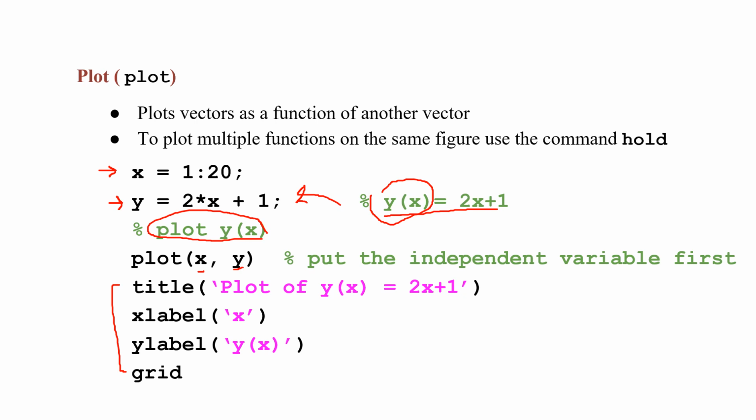So the title of the plot is plot of y of x is equal to 2x plus 1. The y-axis label is y of x. The x label is x. The last command will simply add a grid to the plot window, or it will add grid lines so it will be easier to read. And this is optional.